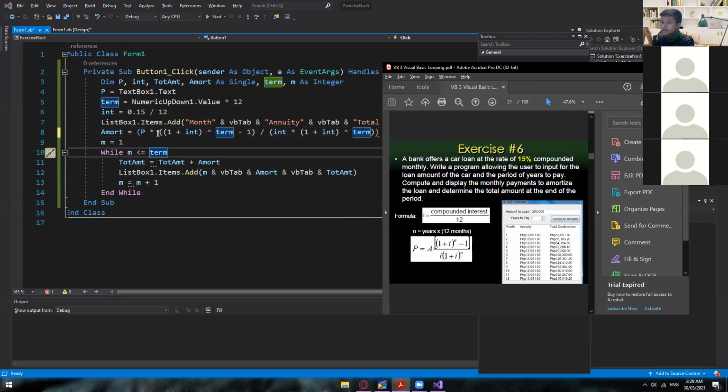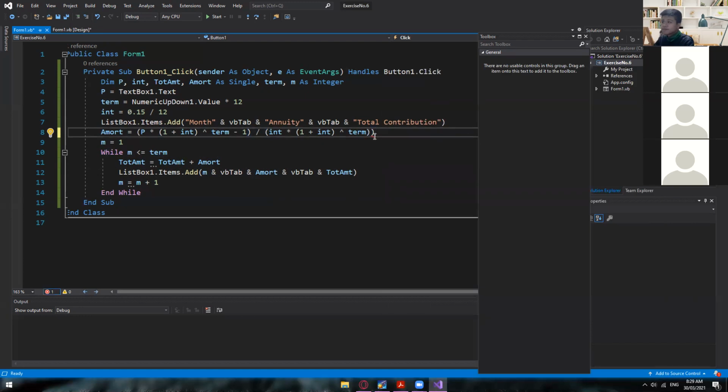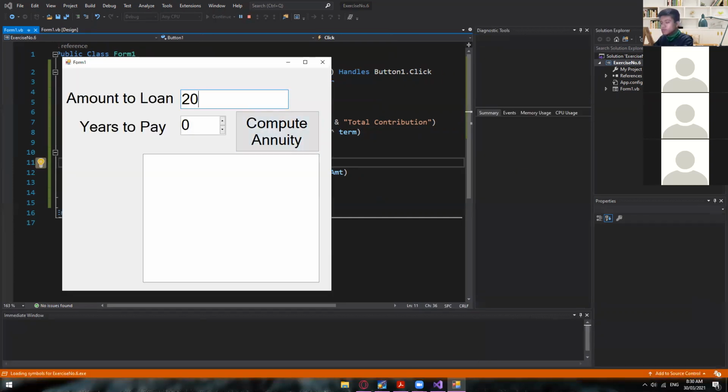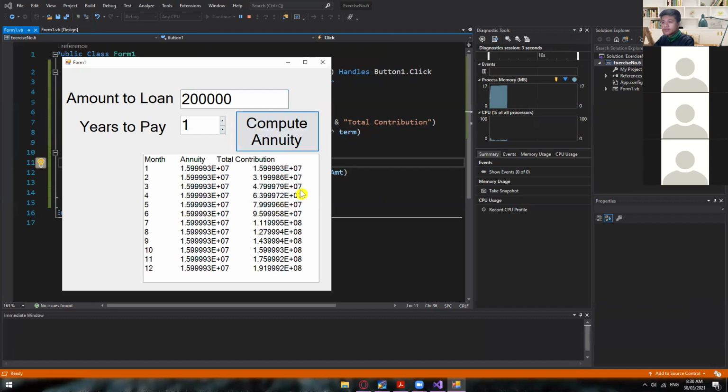So P times 1 plus int raised to term minus 1, and then divided by int times 1 plus interest raised to term. So 1, 2, 1, 2. Okay, let's see. So we have 200,000 and then 1 year.